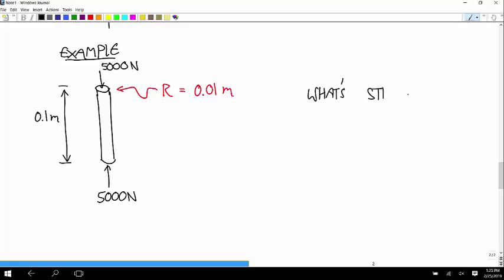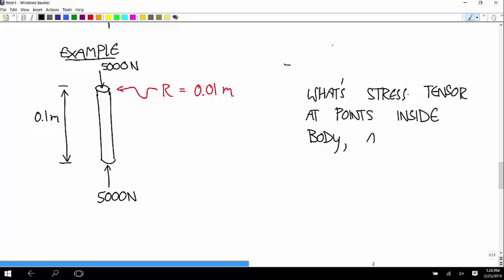What's the stress tensor at points inside the body? And where do we trust those calculations?